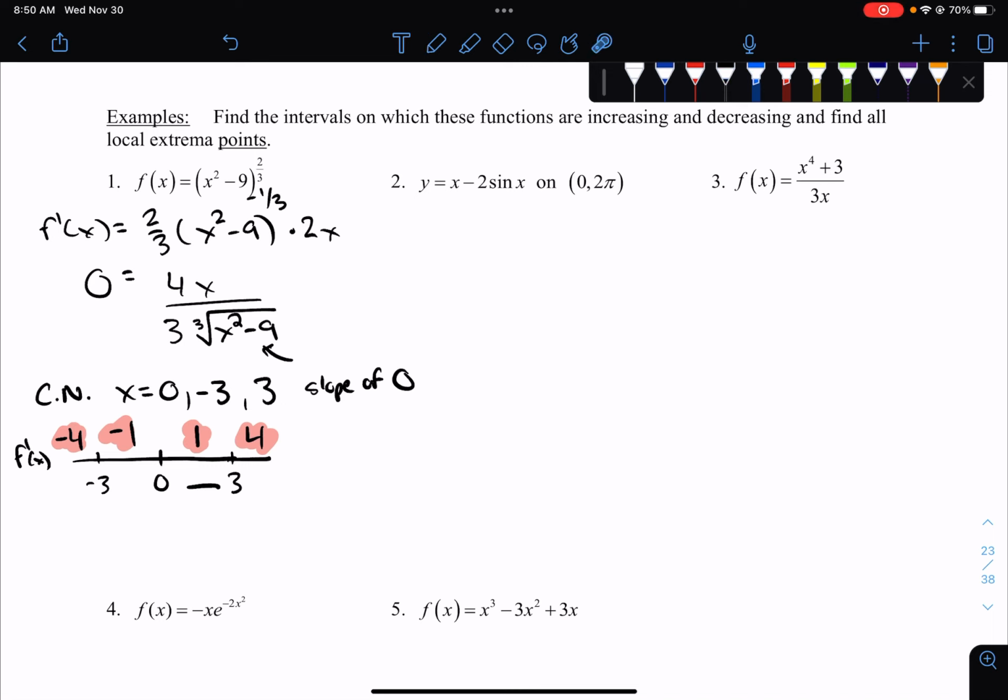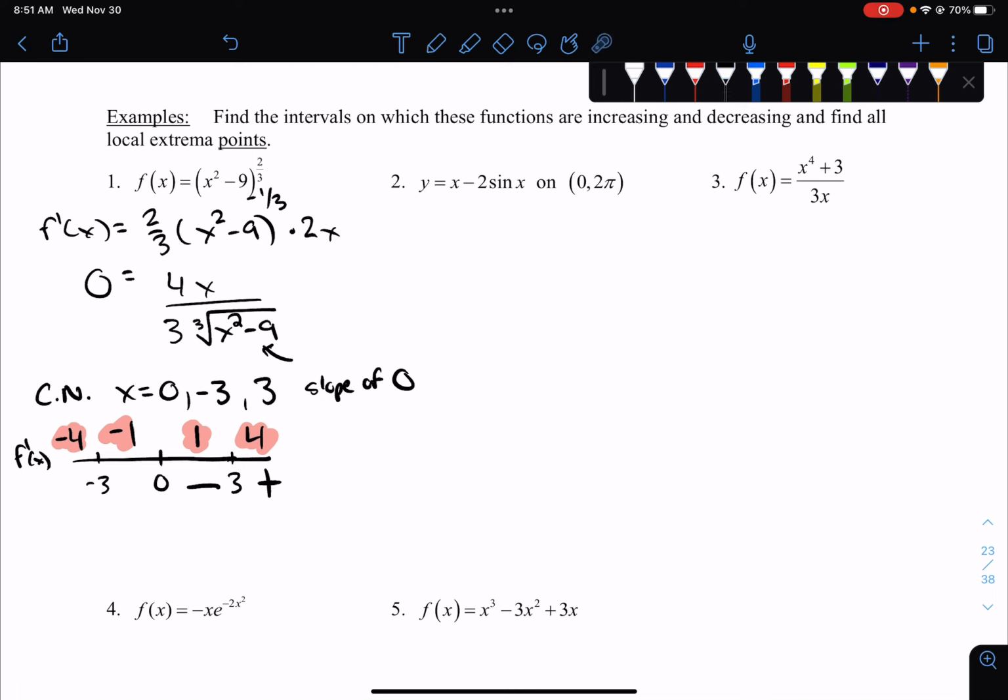If I plug in a 4 to this function, I get a 16 on top, so that's positive. On the bottom, I get 16 minus 9, which is 7, and it's not going to be a pretty cube root, but all I care about is that it's a +7, which means I have a positive over a positive, so this is going to be a positive number.